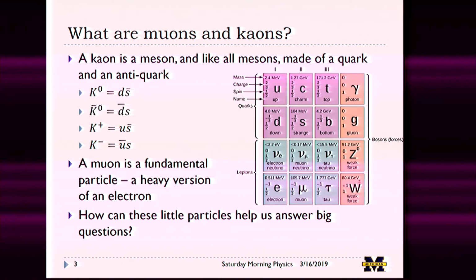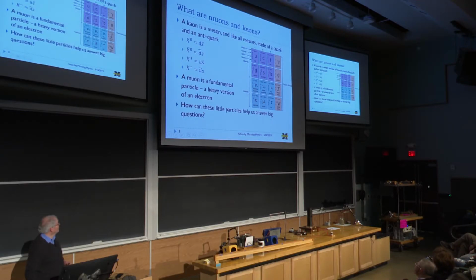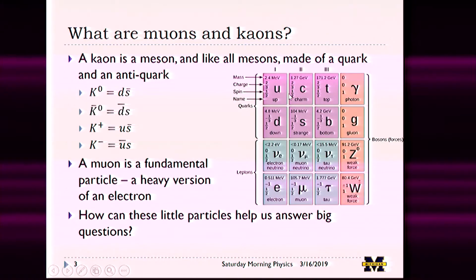So what is a muon and what is a kaon? A kaon is a meson. And like all mesons, it's made of two particles, a quark and an antiquark. So you take any one of these quarks listed here, U, C, T, D, S, B, and you pair it with an antiversion of one of these quarks, an anti-U or an anti-C or an anti-S, which we note with a bar over the quark.